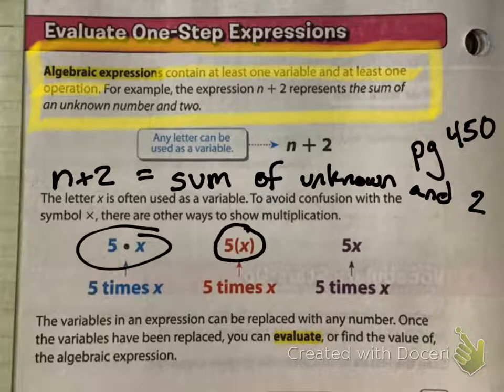When we see something touching the parentheses, it means multiply. That's our distributive property, which we're going to go over later. And when we see something directly touching, it means multiply. So when we see any of those, if something's directly touching a variable, something's got a dot between the variable, or it's directly touching the parentheses, all of them mean the same thing. It all means multiply. It all means 5 multiplied by x.